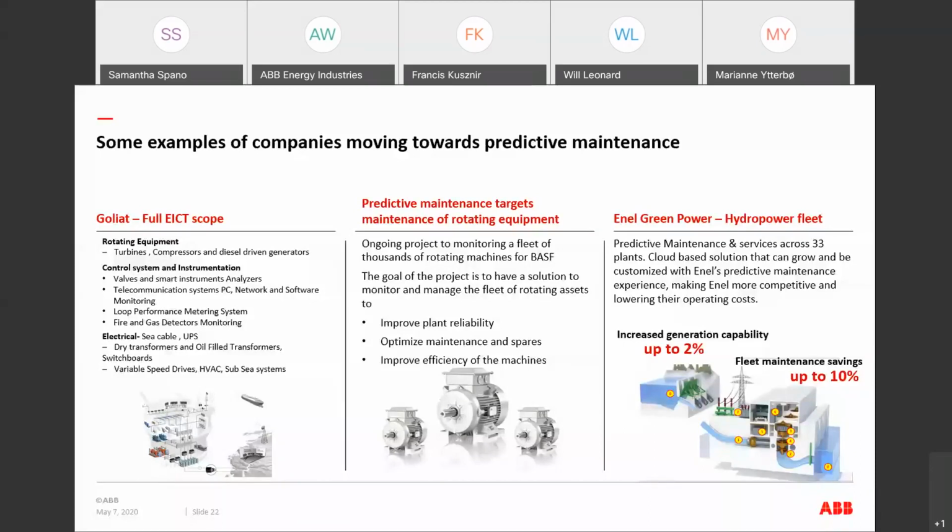So in the BASF example, here we're starting to look at a broader range of rotating assets across many plants. So here it's about improving plant reliability, optimizing the maintenance and spares and the overall efficiency of the machines. They already had condition monitoring systems on the highly critical equipment, much like the audience here that just answered the poll.